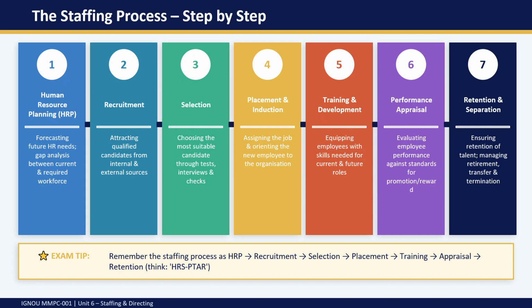The sixth step is performance appraisal, where employee performance is evaluated against preset standards and the results inform decisions about promotions, increments, transfers, and further training. The seventh and final step is retention and separation, which involves retaining high performing talent through incentives and good work culture, while also managing exits through retirement, transfers, or termination in a professional and legally compliant manner.